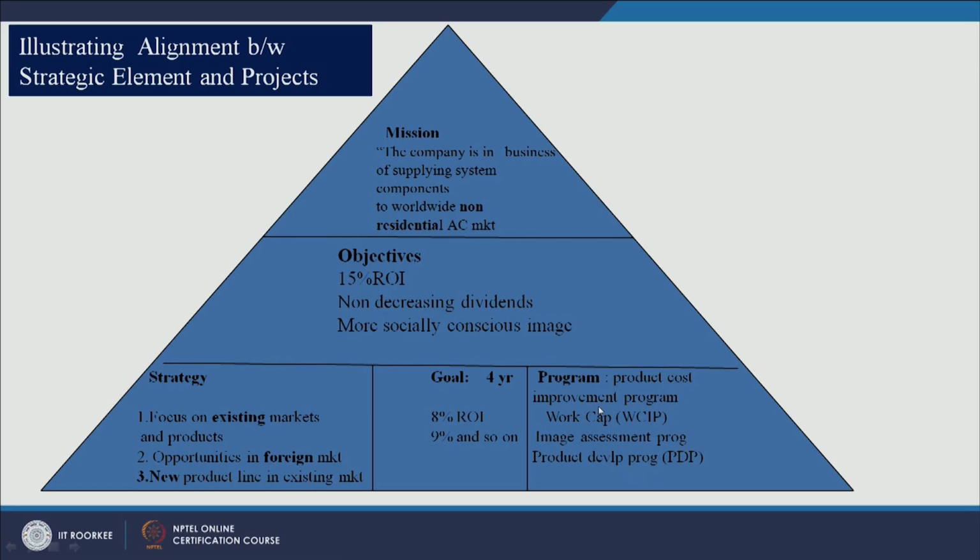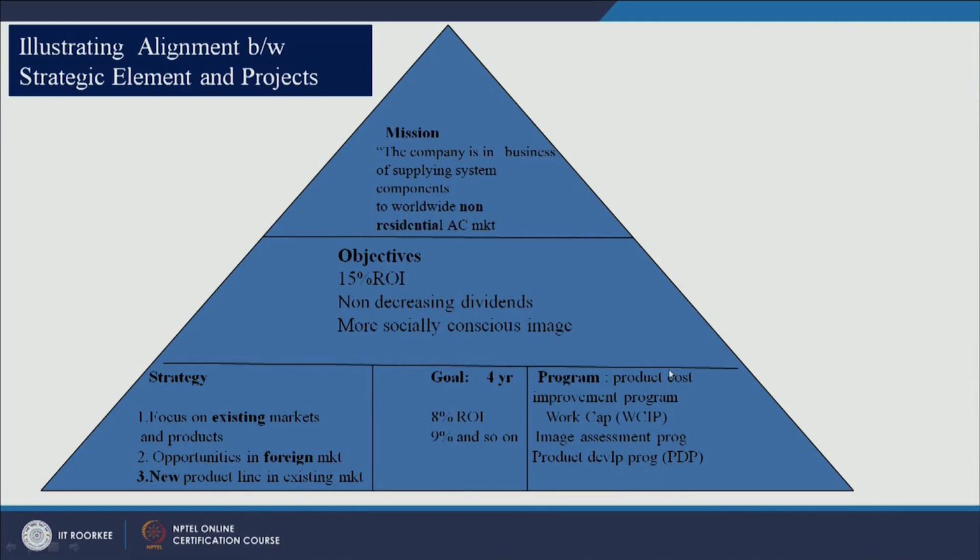So, in these programs you can have different projects, and through those projects you can achieve your strategies. So, this is an example of alignment between strategic elements and projects.